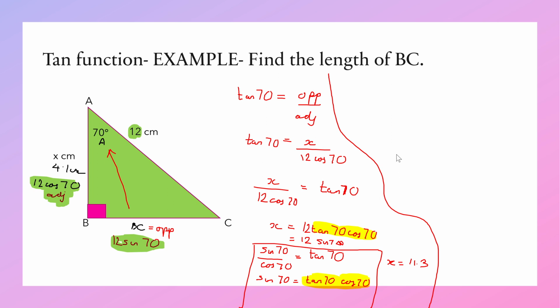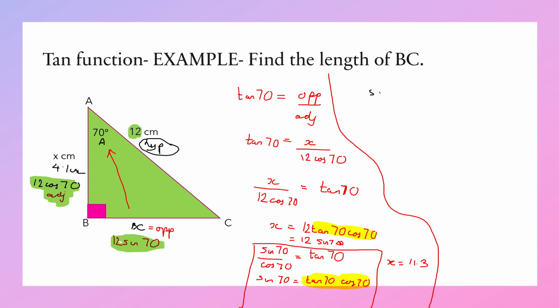And I want to show you how I know that this is correct. Show you that there are multiple ways to solve this question. Let's just change to pen, and then change to black. Okay. So we're trying to find out what BC is. Now this time we're going to use the hypotenuse only. The last time we used adjacent, this time we're going to use hypotenuse.